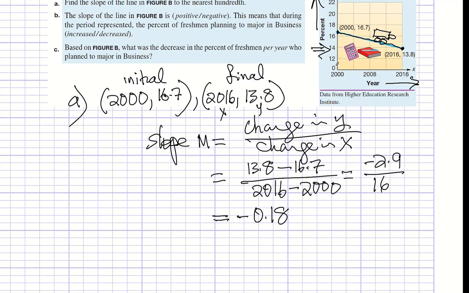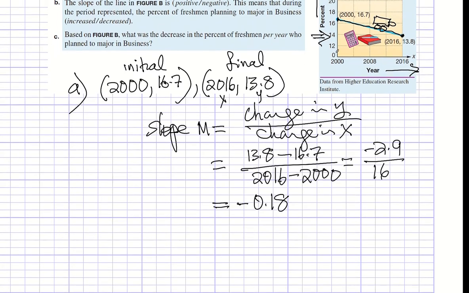So the slope of the line is negative. That's what B says. Slope is negative.